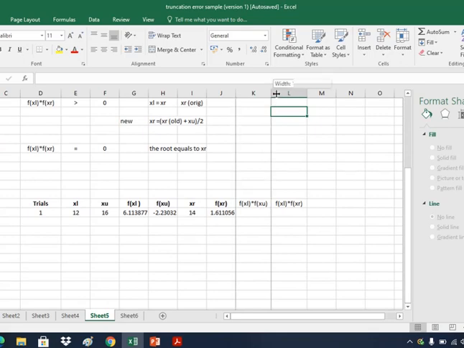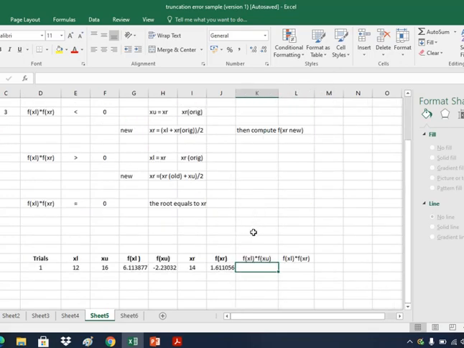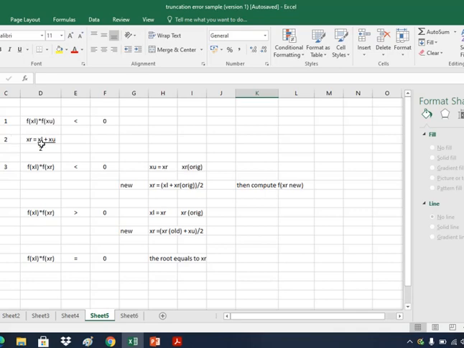Let's check if it should be less than 0. So XL times XU, that is negative 13, so that is less than 0. So okay there.